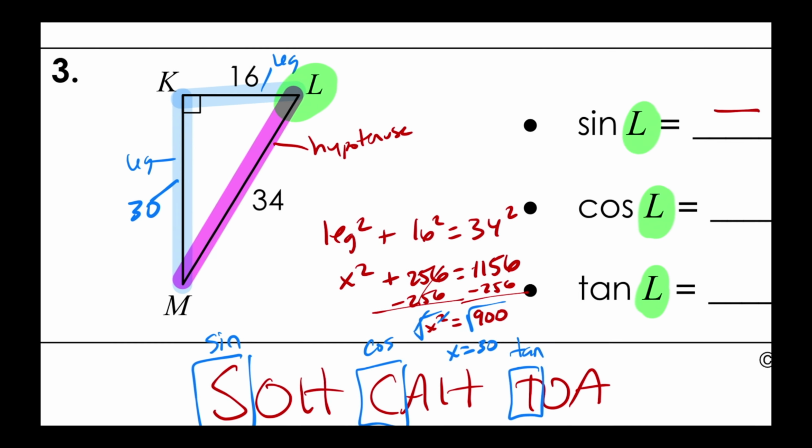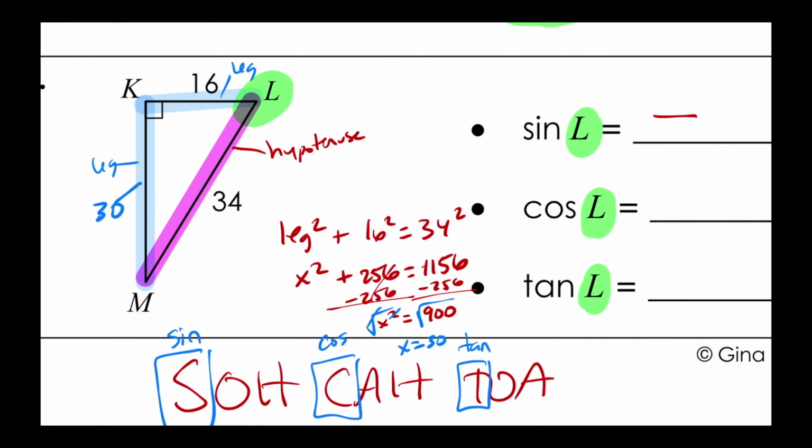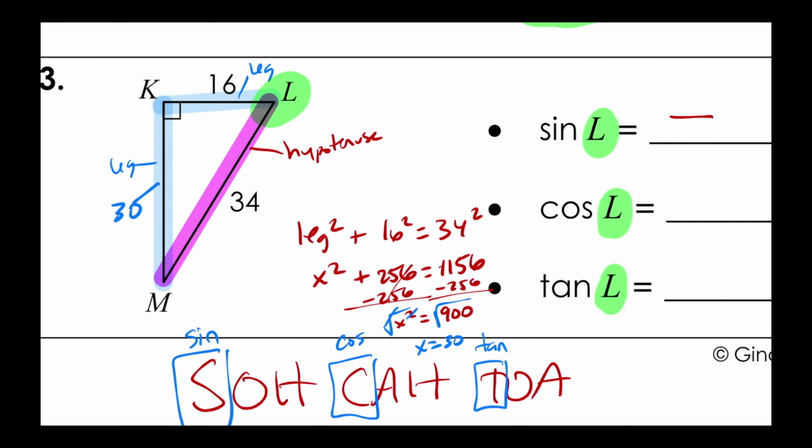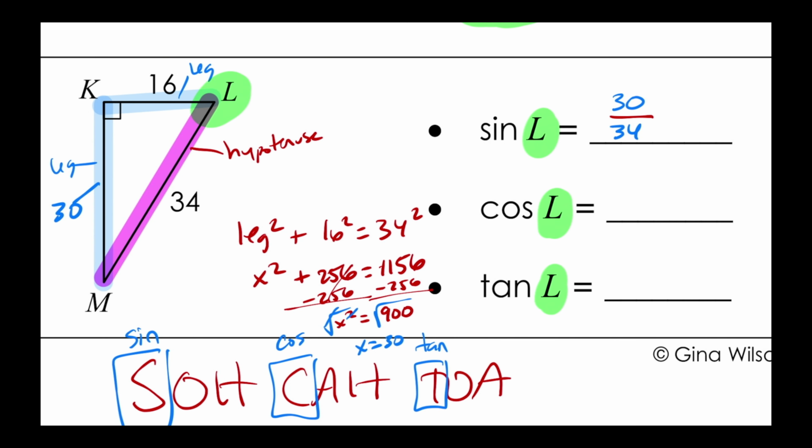Okay, so now that we have all three sides, now we can find the sine, cosine, and tangent. Again, we're talking about angle L. Sine is opposite over hypotenuse, so it's 30 over 34, which can be simplified. If I simplify that by 2, I would get 15 over 17.